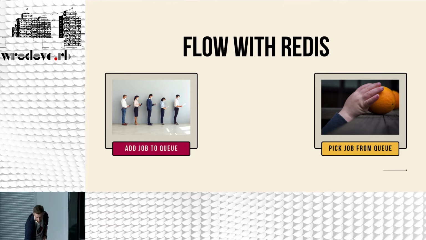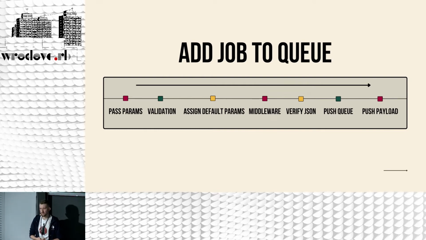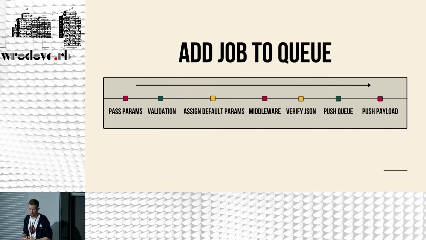So let me tell you more about adding a job to the queue. Here is the typical flow that Sidekiq is using. So first of all, we are passing params. Then Sidekiq is validating this data under the hood. Then the assignment of the default params begins. Then the middleware is executed. This is the last chance to reject the job from being saved in Redis.